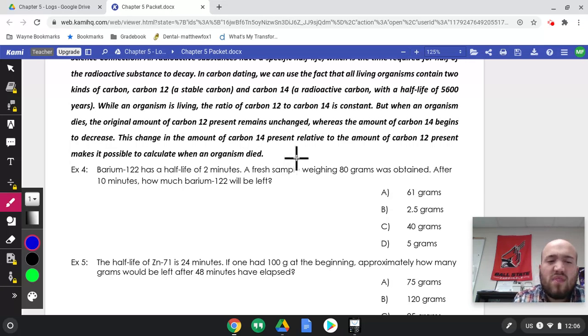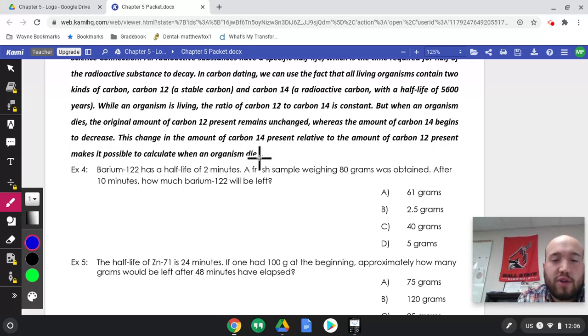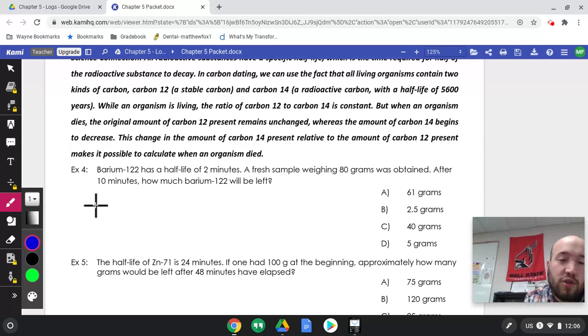So, we are not actually going to use our formula. There is a formula to find the specific answer. However, we're going to reason through it because I want us to understand it conceptually. Okay, so it says barium-122 has a half-life of 2 minutes. A fresh sample weighing 80 grams was obtained. After 10 minutes, how much barium-122 will be left?